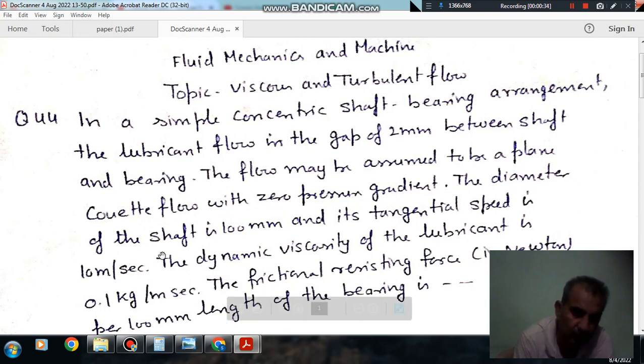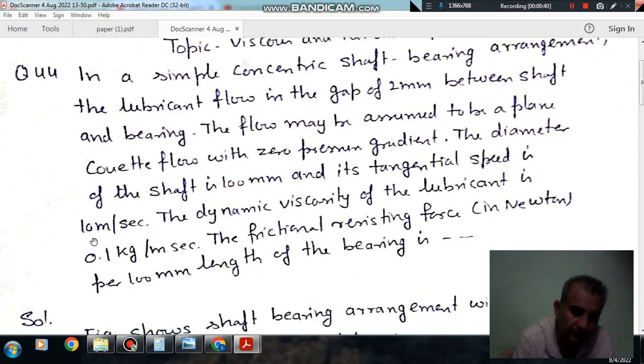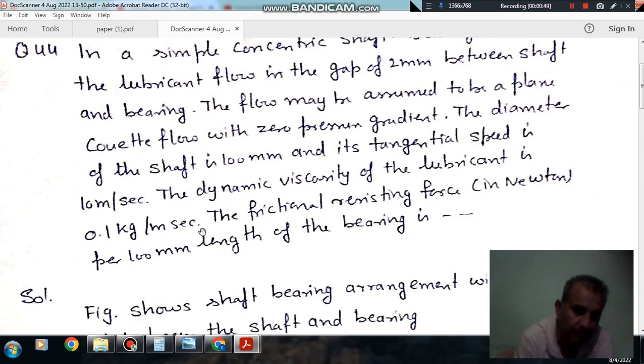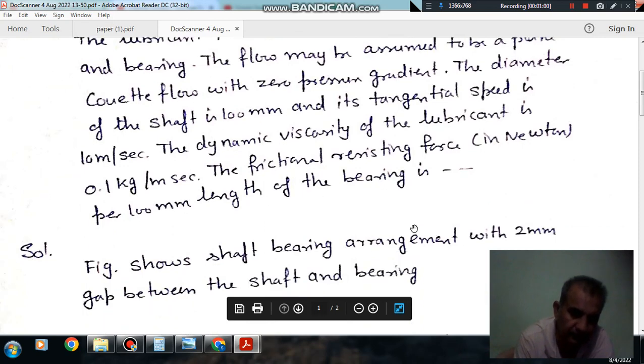The diameter of the shaft is 100 mm and its tangential speed is 10 meter per second. The dynamic viscosity of the lubricant is 0.1 kilogram per meter per second. The frictional resistance force in Newton per 100 mm length of the bearing is.